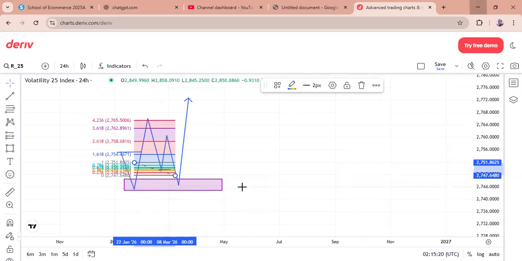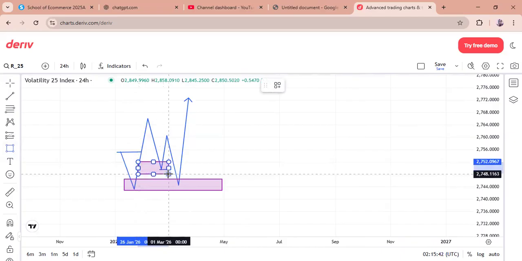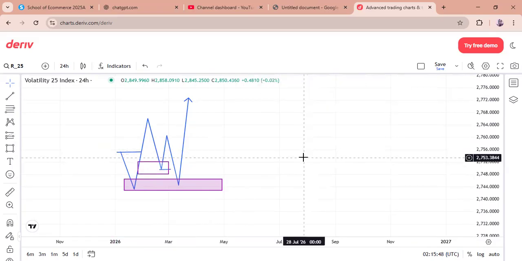Let me just delete that, and just use this block as a fair value gap. So this could be a fair value gap for price to tap into and pull back. The price is still going to head to the zone.